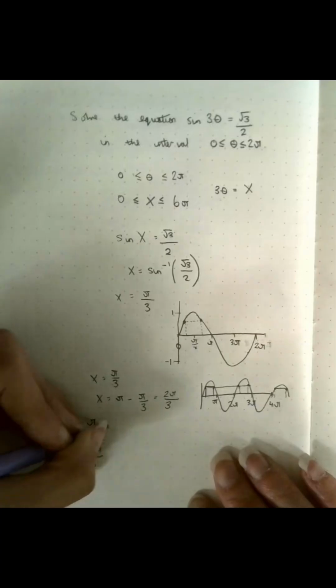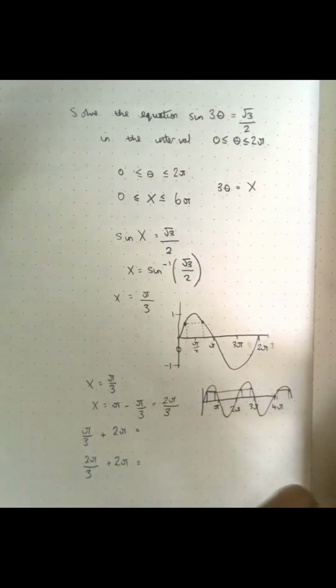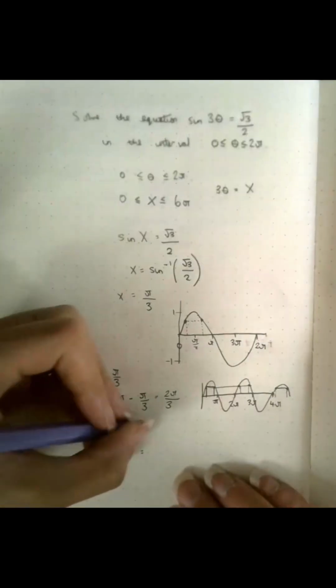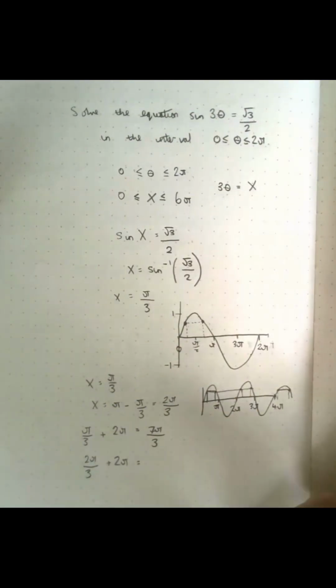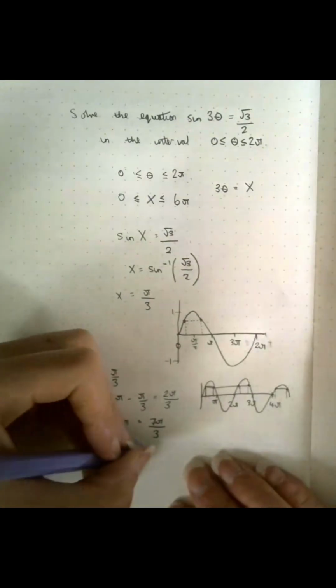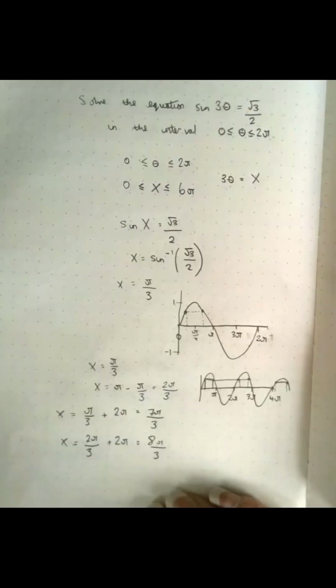We're going to add 2 pi to those. So I end up with 7 pi over 3 and 8 pi over 3.